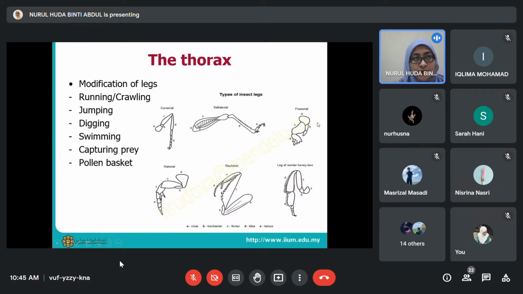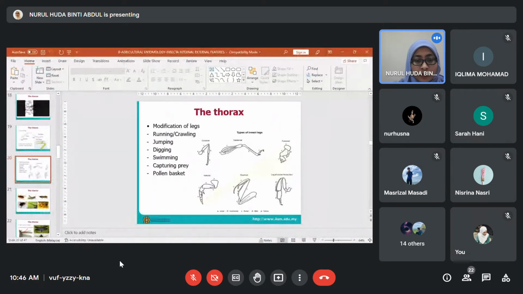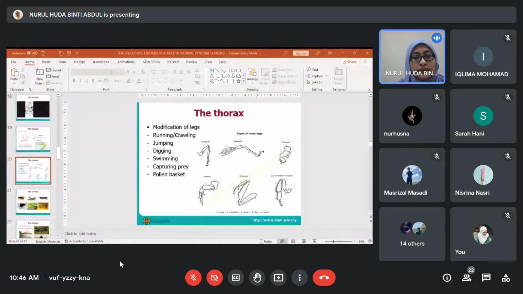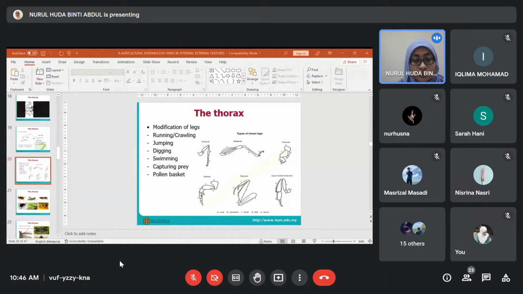This is not very common, but you can see this type of fossorial leg clearly on a beetle, which modifies its leg for digging in the soil.